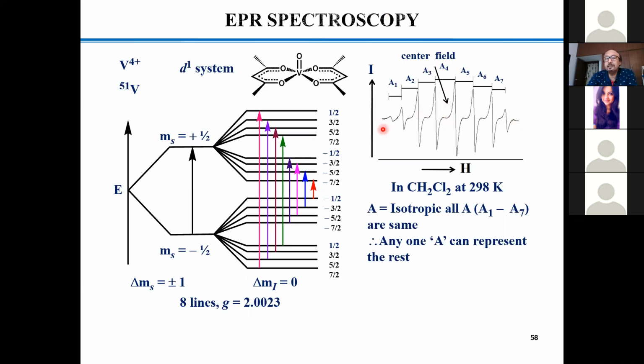Now center field means, let us assume this is 1000 Gauss, and this is, let us assume say, 3000 Gauss. So what is your difference? 1000 to 3000 means 2000 difference. So you start from here at 1000, and then at the center point you consider the point to be calculated for G. So here you will have essentially the H, say let us assume 2050, just hypothetically.